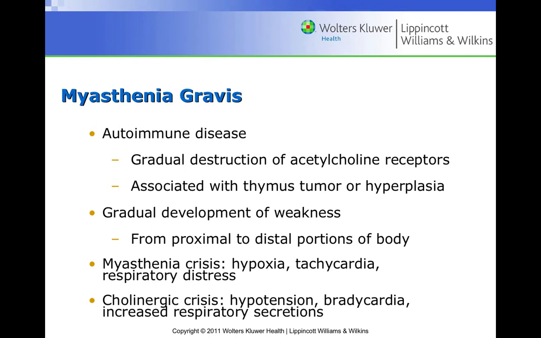Sometimes we use that where we take the blood out and filter it through, kind of like dialysis, but a little bit different, to remove the antibodies in the blood and decrease the seriousness or severity of the attack. Know that some medications aggravate myasthenia gravis, and one class of medications would be the aminoglycoside antibiotics.